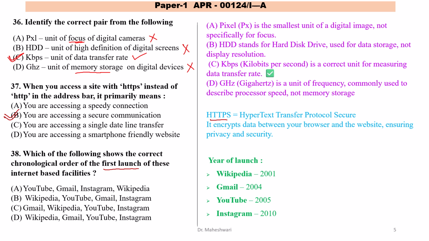So you should even know the years. Here, if you see the sequence in the options given, option D is the correct option.